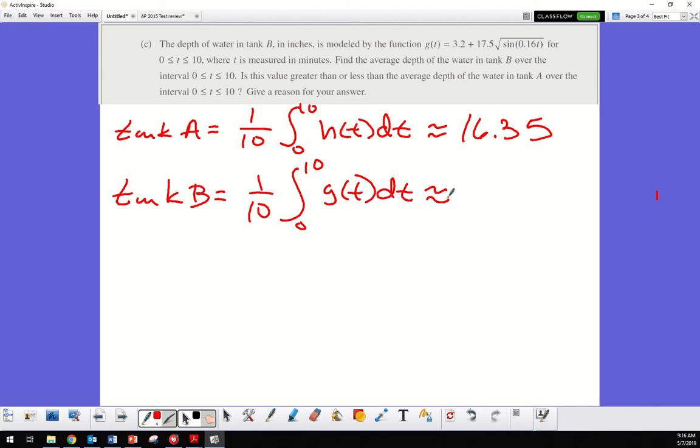And what do you have to make sure of when you pick up that calculator? Radians, right?